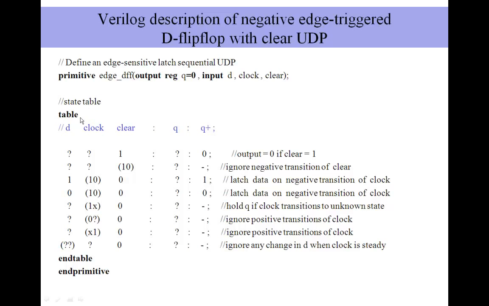Directly the state table. The state table will start with the keyword table, and as has been said, these are for our reference. Whatever the D, whatever the clock, if clear is 1, then the output will be 0, irrespective of the current state.